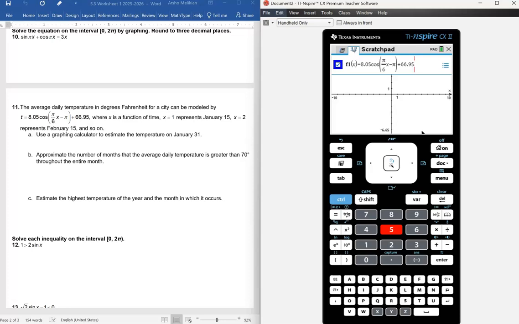Okay, so now I have pi's in here. I should be in radian. I am in radian. Okay, now we don't see anything.